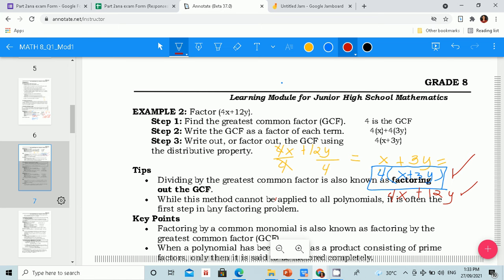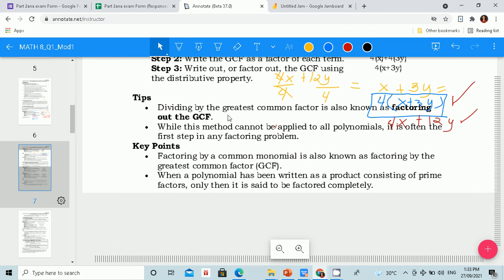Dividing by the greatest common factor is also known as factoring out the GCF. So when we divide a number by the greatest common factor, it is called factoring. In this case, class, we are factoring.